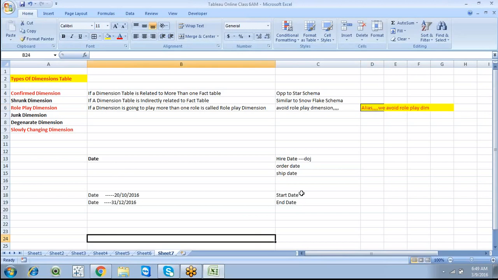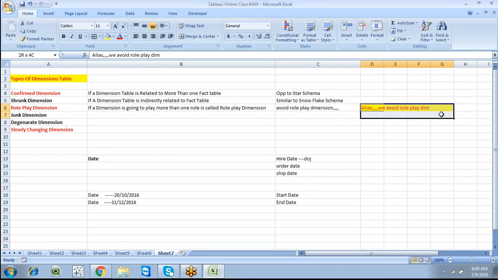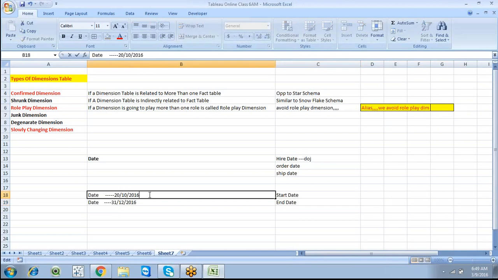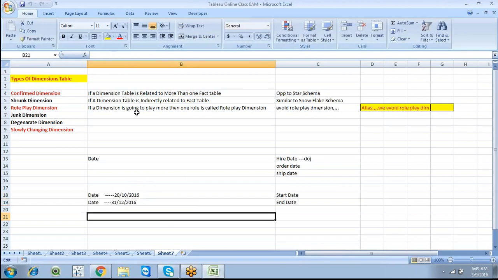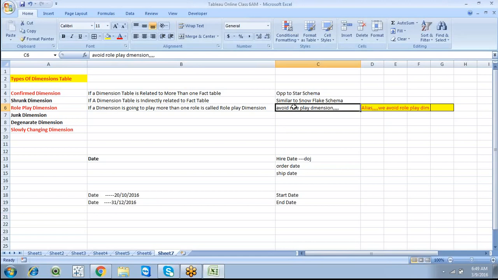Now you can see it is a start date. We can do a simple renaming of that column as start date and end date, so the user can understand this is the start date and this is the end date from the business perspective. Just remember, avoid role play dimension, and we can go for simple reporting.